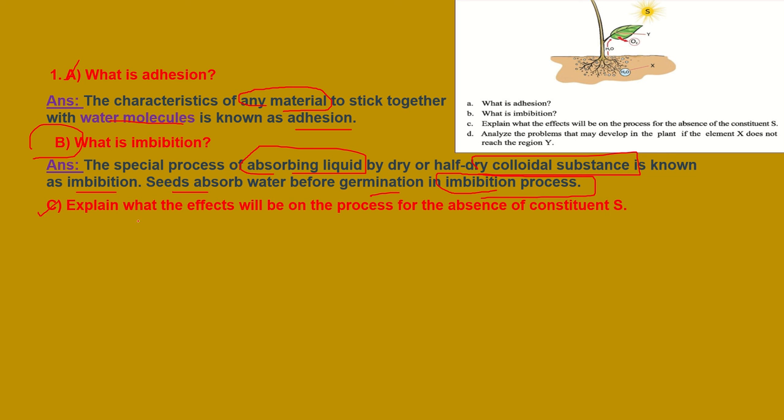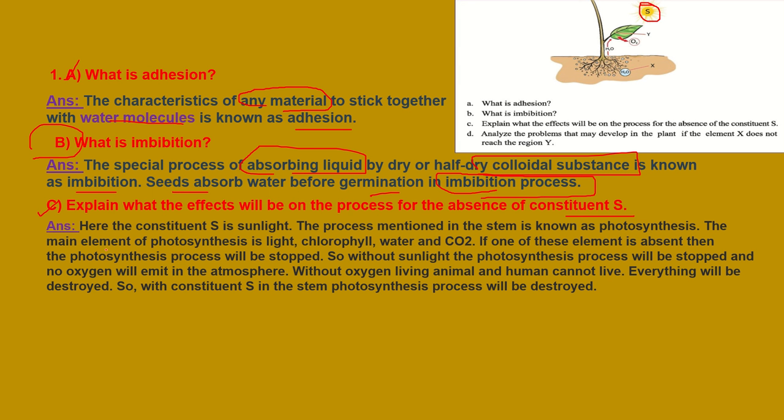Number C, explain what the effect will be on the process for the absence of constituent S. So this S here is sunlight. This is a common question, where the constituent S is sunlight. We know that the process mentioned in the stem is known as photosynthesis.